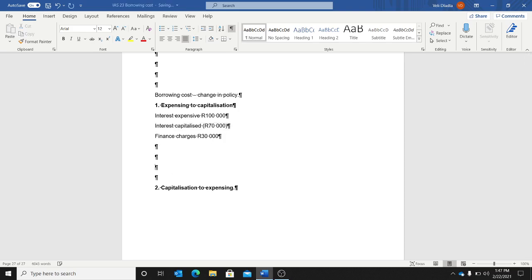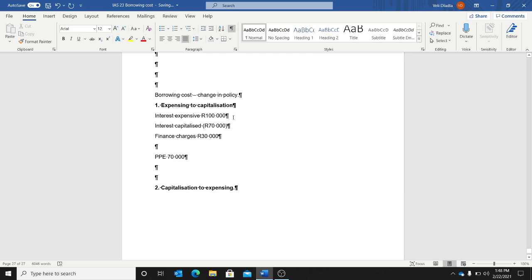So in short, when you're expensing, you'll be here. But once you change to capitalizing, you'll be here, because this 70 is going to move out of this account and go to the balance sheet. Now, what will happen in PPE? PPE will increase by 70.